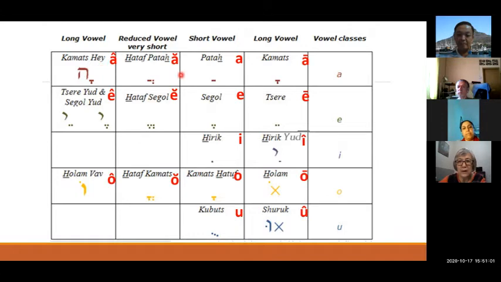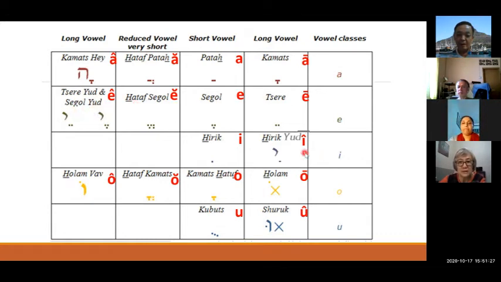For the E sound here, we have the sere, which is a long vowel. Everybody can practice on your own, but don't need to unmute. Sego, short vowel, shorter. Hataf sego, very short. Sere yod and sego is a long vowel.